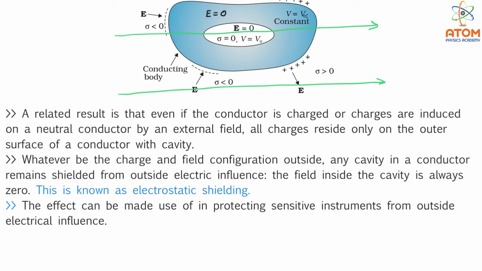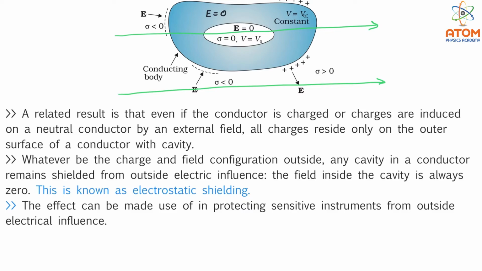Whatever charge you produce on the surface, as it is shown here, and whatever external electric field you produce, the cavity in the conductor remains shielded, means it remains protected from the outside electric influence. The electric field inside the cavity is always 0, and this is known as electrostatic shielding. Means it is shielded from all the electric influence, that's why it is known as electrostatic shielding.